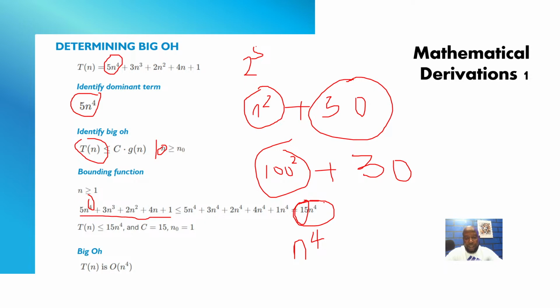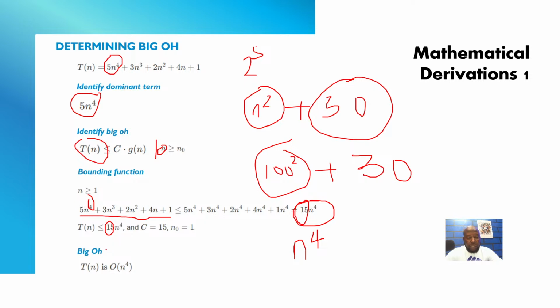Which is this 15n. And because this function that we just derived now is less than the initial function, which is 5n raised to the power 4, we can now bring it further and say that Tn is less than, at n0, which is the initial value of n being 1, 15 times 1, which is 15.